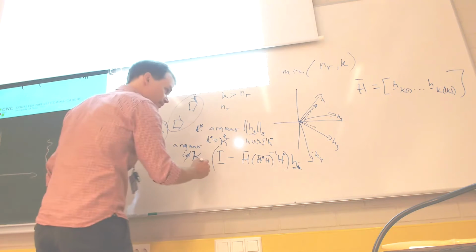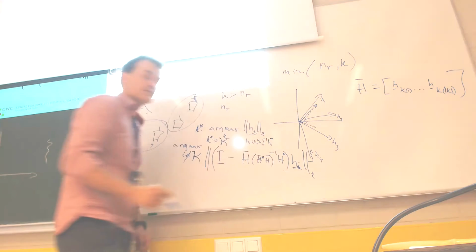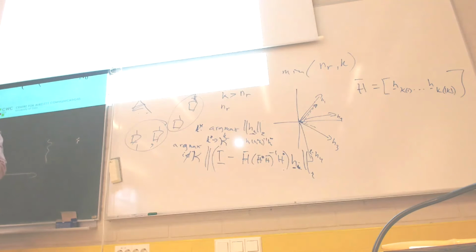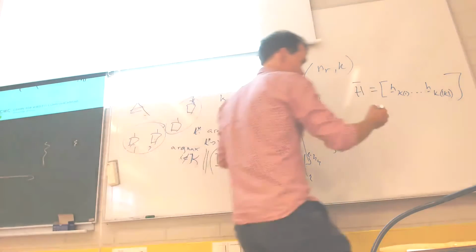So the one that maximizes this projection is selected, right? This means that it's the most orthogonal, but it's not only the most orthogonal, but it has the highest projection, highest gain after projection. So it includes also the norm of the channel, not only the angle or the orthogonality, right? You can have an orthogonal vector, but very small gain, right? So this takes both aspects into account at the same time.